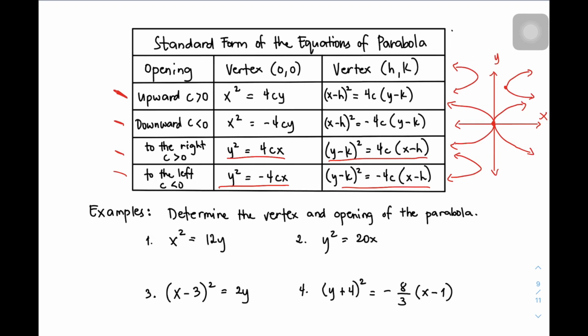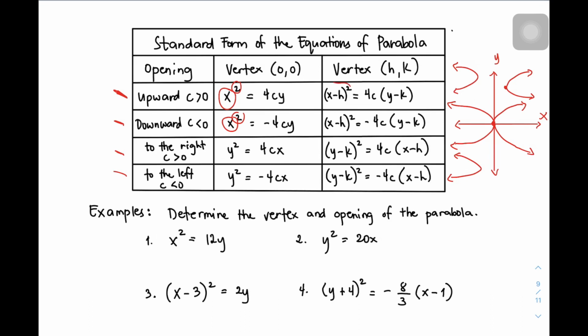Ngayon, ano yung mga paratandaan na pwede ninyong tandaan? Sir, paano namin mas madaling malalaman if the parabola opens up, opens down, opens to the left or right? So, ganito lang kasimple yan. Malalaman ninyo na yung parabola ay nag-open upward or downward kapag x variable ang mayroong squared. Pansinin ninyo, mayroon siyang squared, yan kapag sa origin.